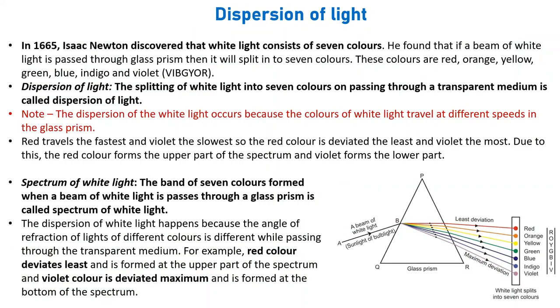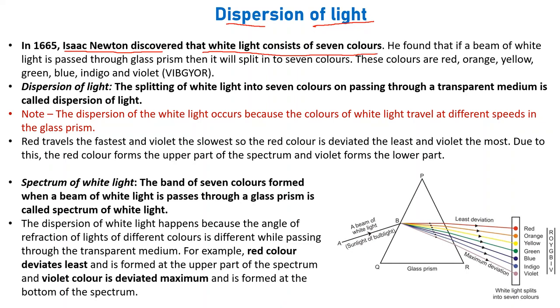Right. Now coming to the dispersion of light, a very important topic. This experiment was first done by Sir Isaac Newton. Newton discovered that white light consists of 7 colors.